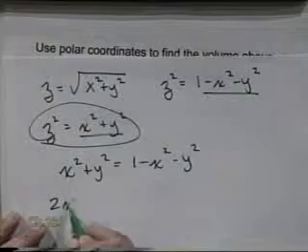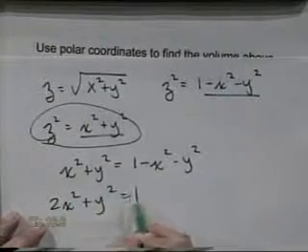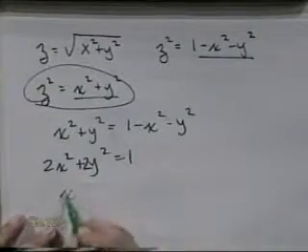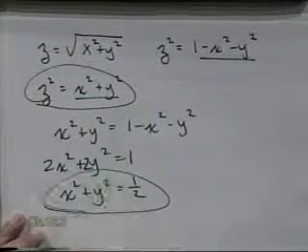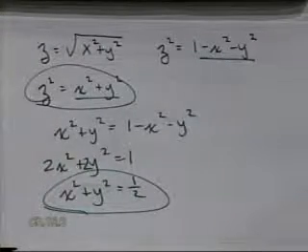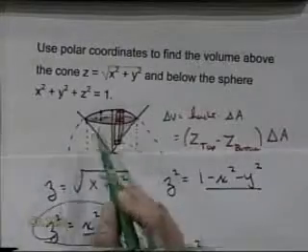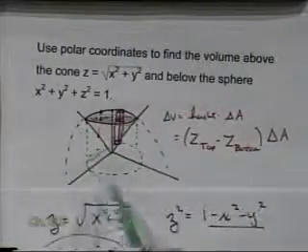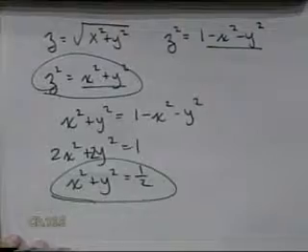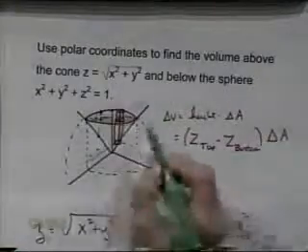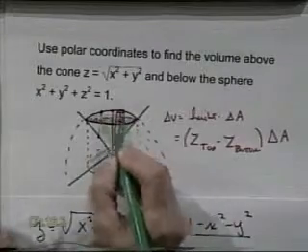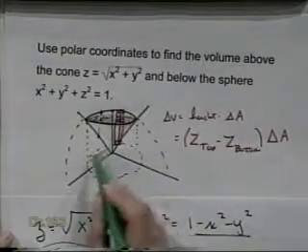Add x squared on both sides, add y squared on both sides, and I end up with x squared plus y squared equals a half if I divide through by 2. So the circle they intersect on is the circle x squared plus y squared equals 1/2. That's this little circle right here, which I projected down to here.